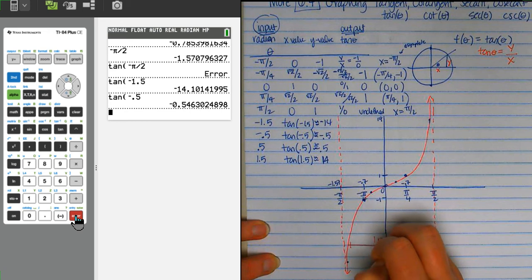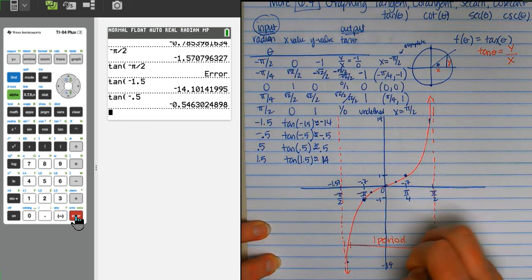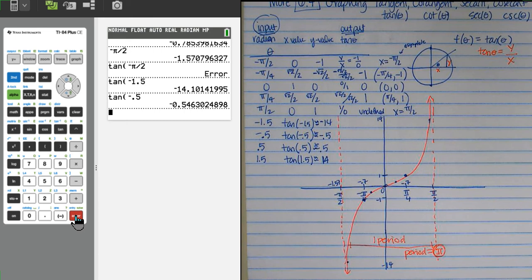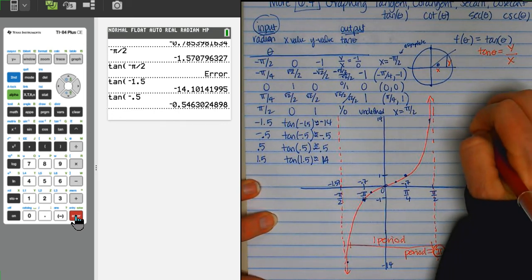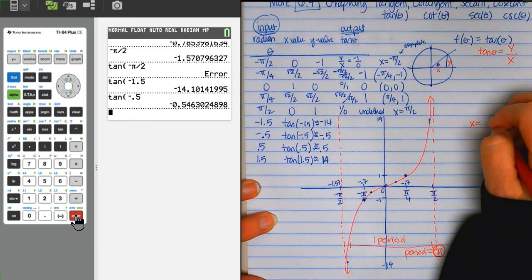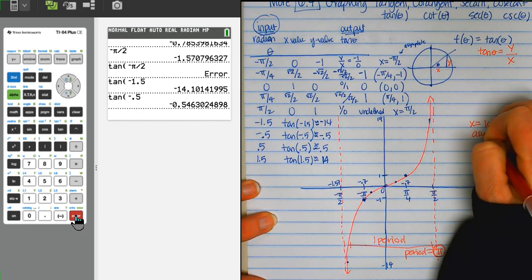So this is one period, and the period is equal to pi, not 2 pi, for tangent, also for cotangent. So what happens is every pi over 2, x equals k times pi over 2 is an asymptote.